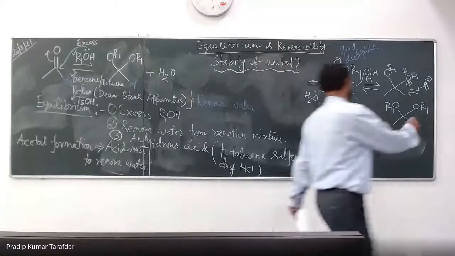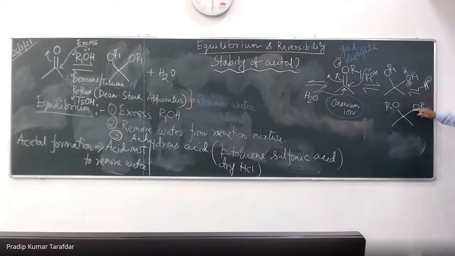Yes. So see here how I go back now. What is the mechanism of decomposition of this acetal? It is the same mechanism, except that instead of minus H plus, if I go in this direction, I have to have a plus H plus.